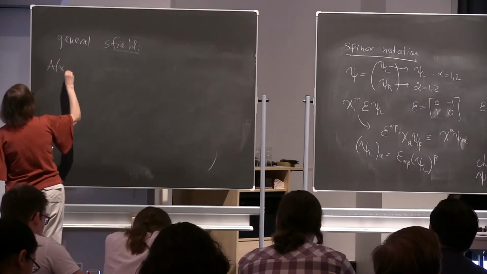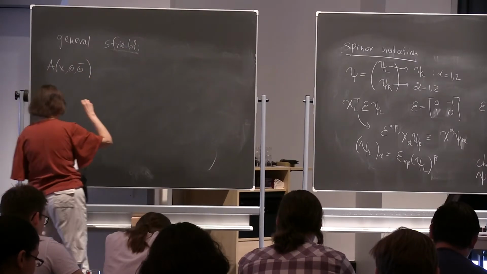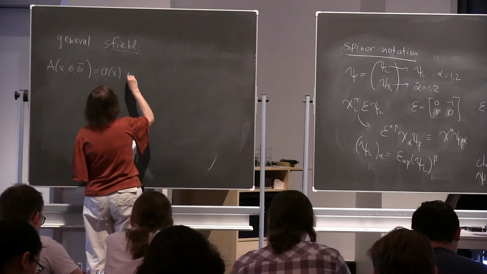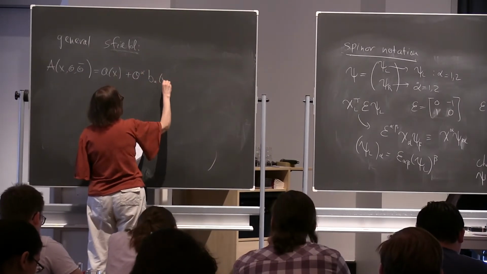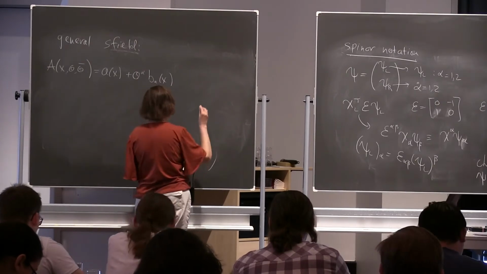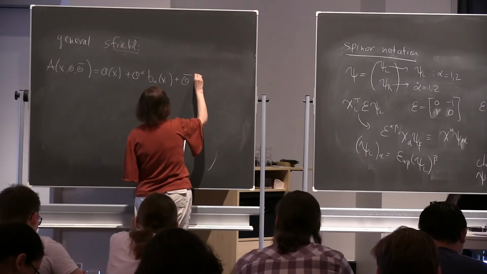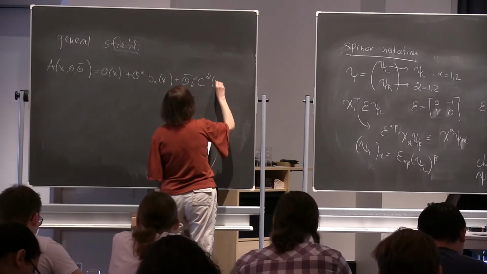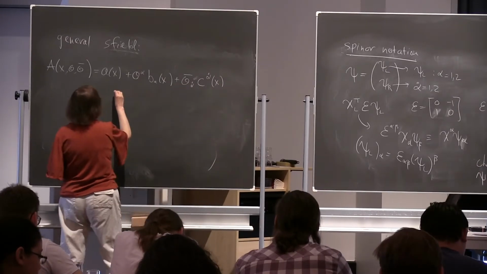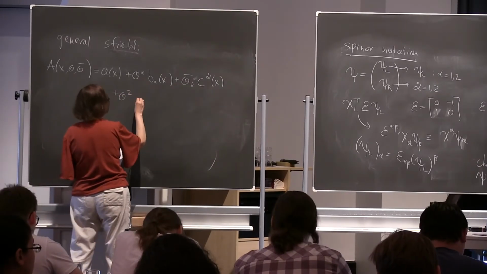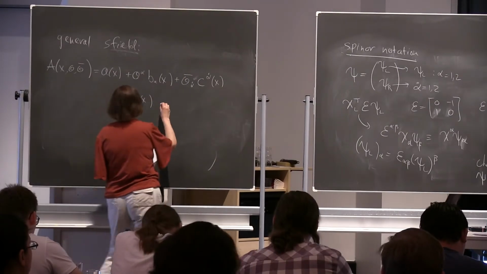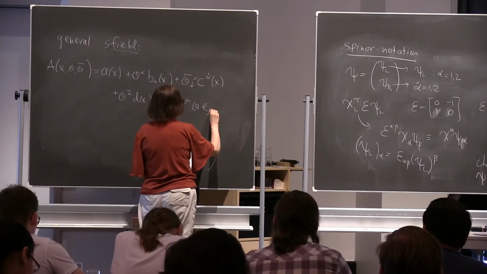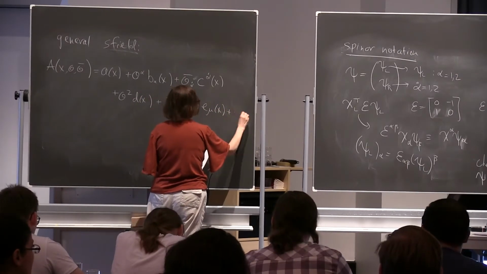A of x, theta, and theta bar is equal to, first of all, something with no thetas, then theta alpha with a coefficient that I'm going to call B alpha for now, and then theta bar alpha dot C alpha dot of x, plus theta squared D of x, plus theta bar sigma mu theta E mu of x, and so on and so forth.